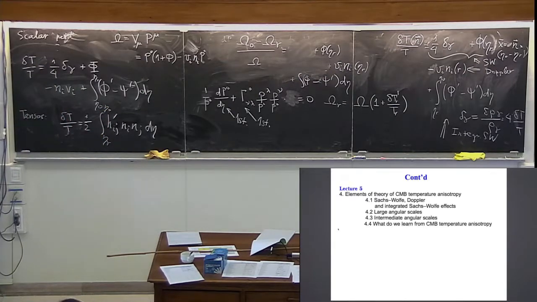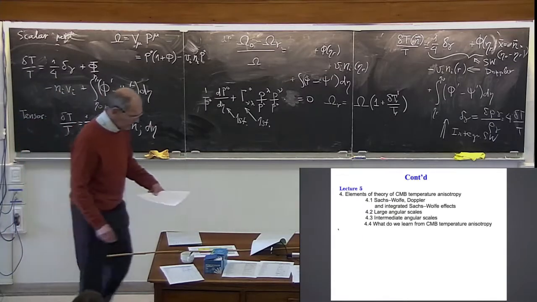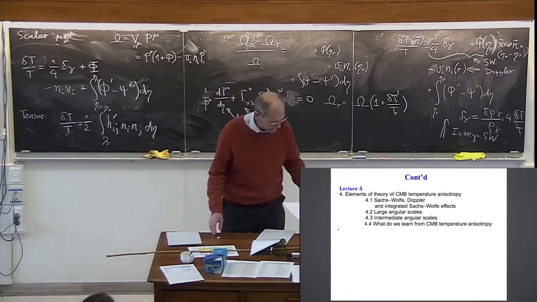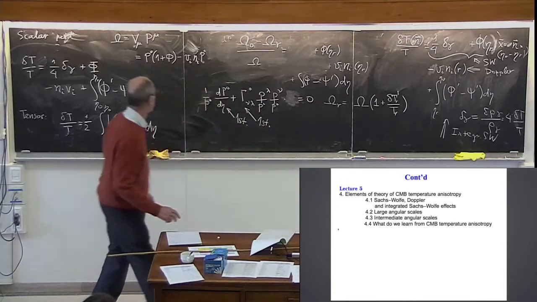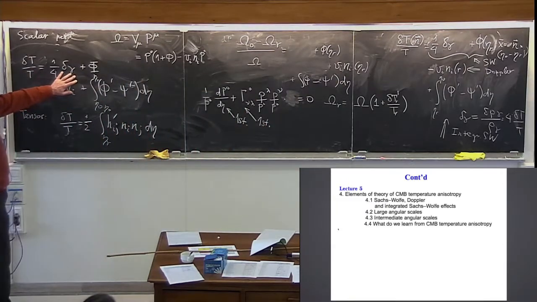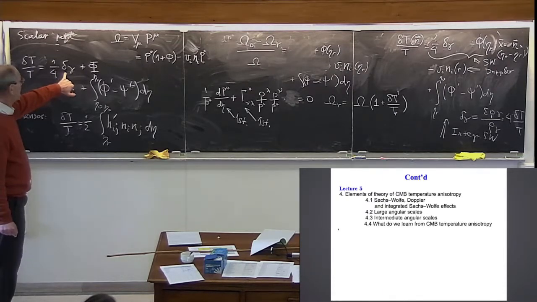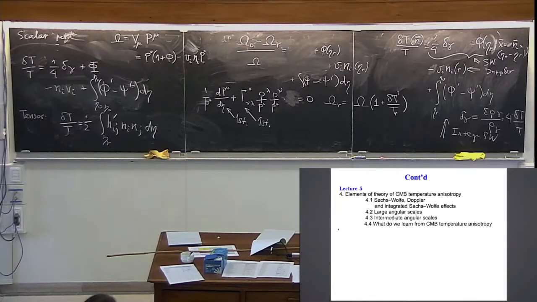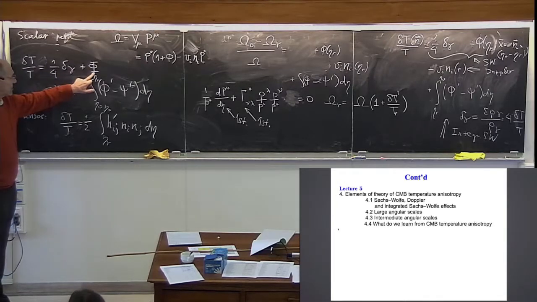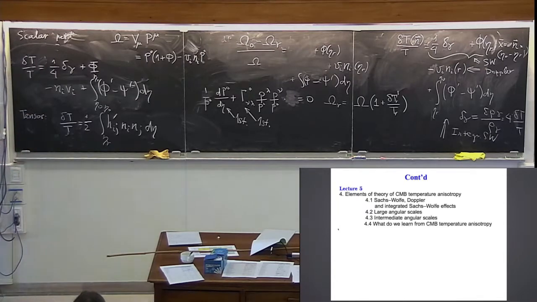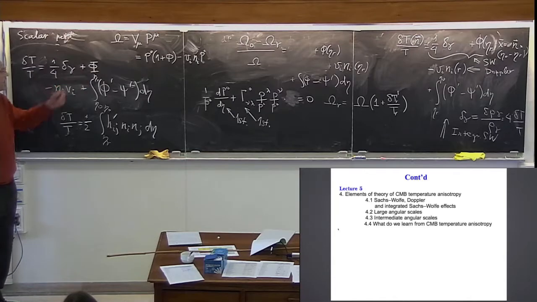Okay. Now, the interpretation of all these terms is clear. The Sachs-Wolfe effect has to do with the fact that you have, first of all, the energy density contrast, and therefore different temperature in different places. You are in gravitational potential, so the photon, if this gravitational potential is negative, then it means that you have a potential well, and the photon has to climb this potential well.